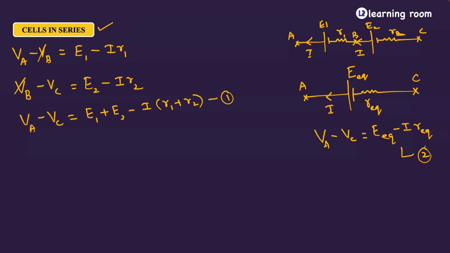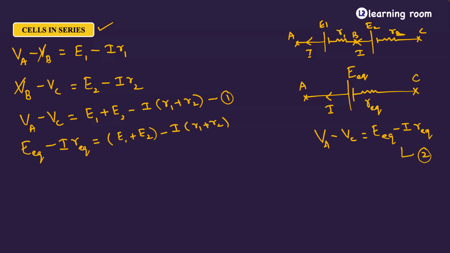If you observe in 1 and 2, VA minus VC can be replaced with E equivalent minus I into R equivalent. I'll substitute it here. So E equivalent minus I into R equivalent is equal to, can I write this as, E1 plus E2 minus I into R1 plus R2?